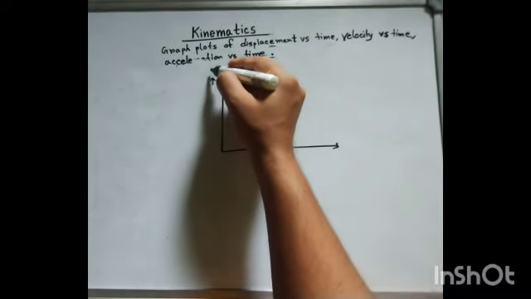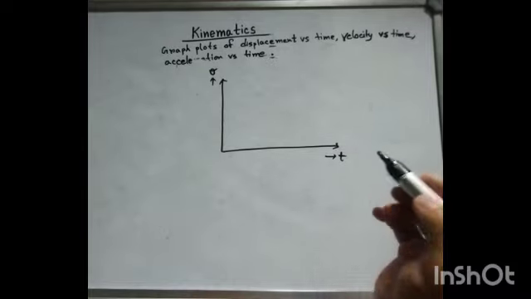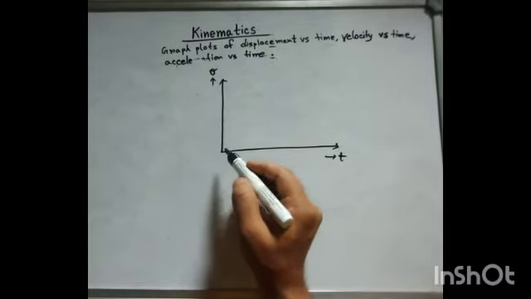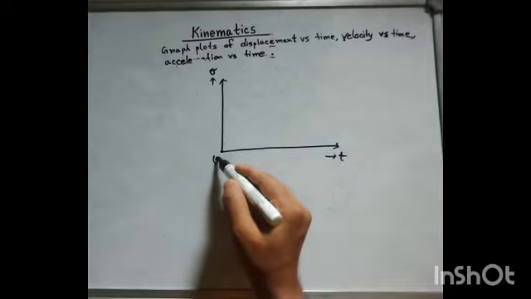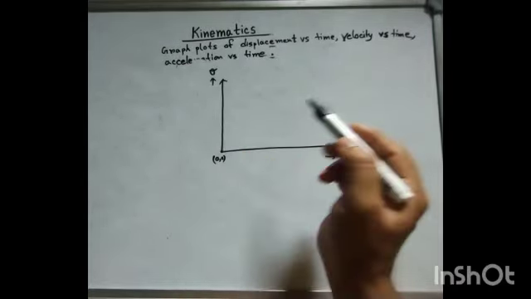So on this y-axis we will plot v, and on the x-axis we will plot t. Now this point is the origin, 0, 0. So here t is 0 and v is also 0.